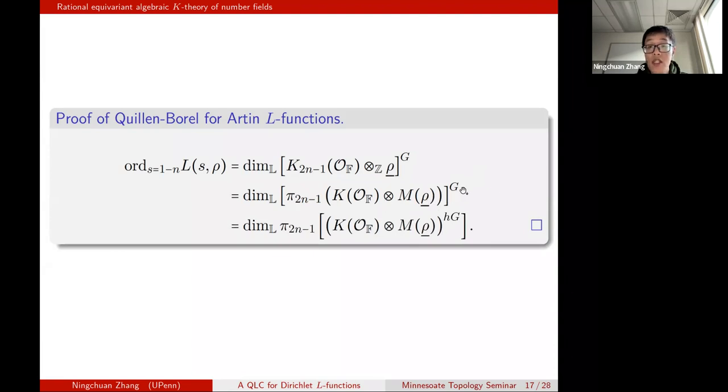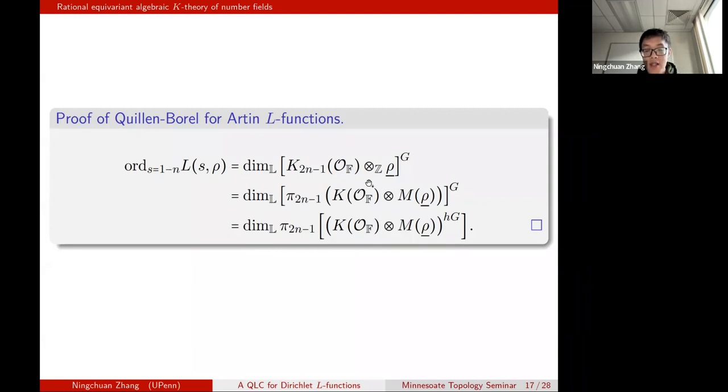So here it is still the dimension of the G fixed points of this homotopy group. And finally, we can move the G fixed points of vector spaces to homotopy groups of G fixed points. Those two steps differ by a homotopy fixed point spectral sequence, which collapses rationally because G is a finite group.